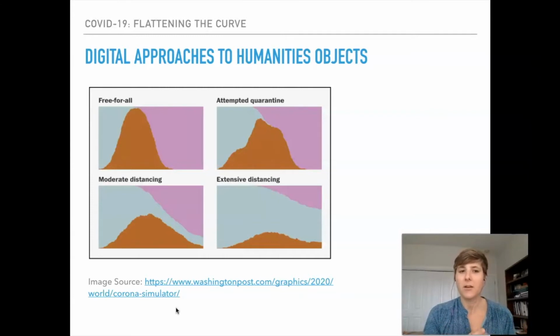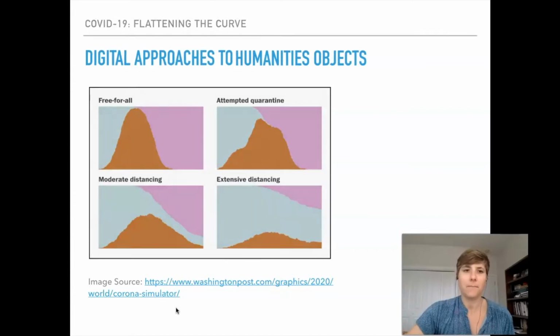So for these particular graphs, brown is sick people, purple is recovered people, and that greenish gray is everyone else, basically. So here again is this space that I just wanted to draw your attention to, where a lot of what we've been talking about in this class already is really happening in real time. And hopefully you've seen some of these things circulating on your own social networks in response to this epidemic.